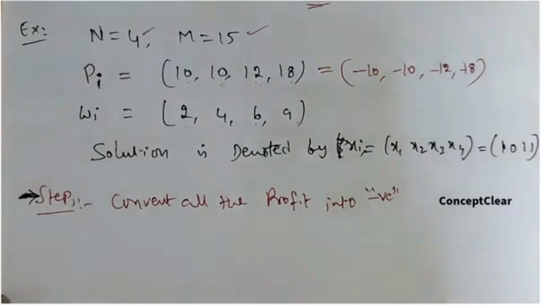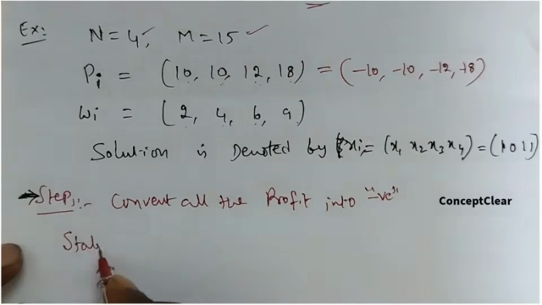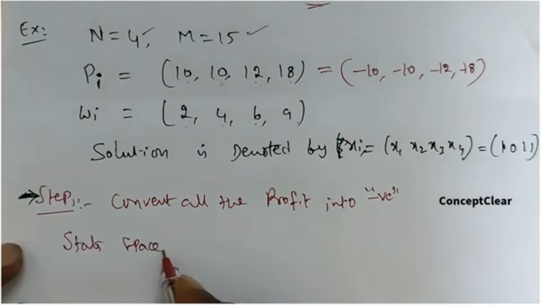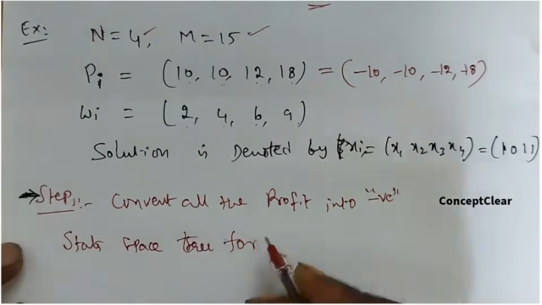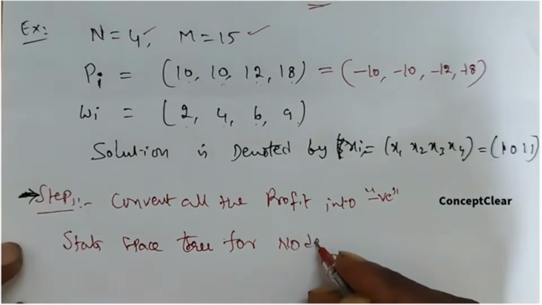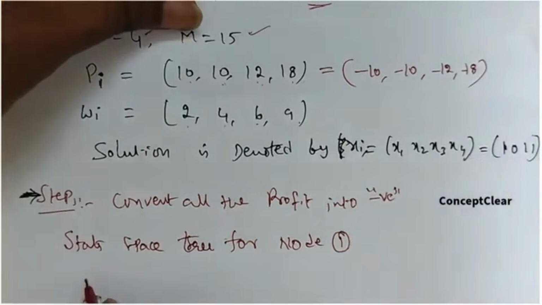The next step is to construct the state space tree diagram. Now construct the state space tree for node 1. It means we have to calculate the lower bound value as well as the upper bound value.